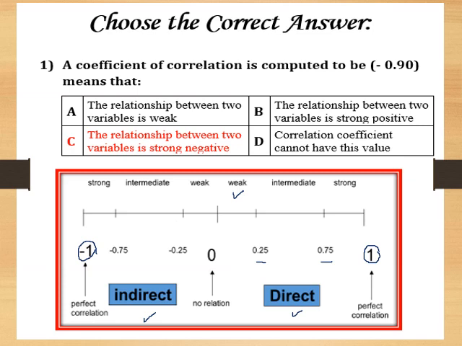If it is between 0.75 and 1, then the relation is strong. If the correlation coefficient is equal to 1, then the relation is perfect correlation between two variables.